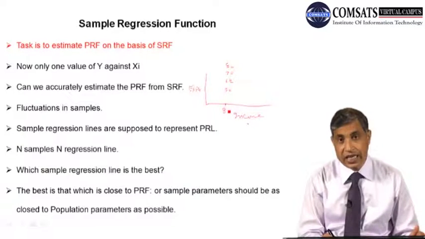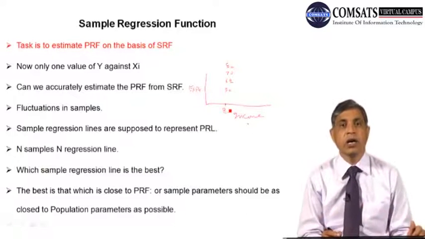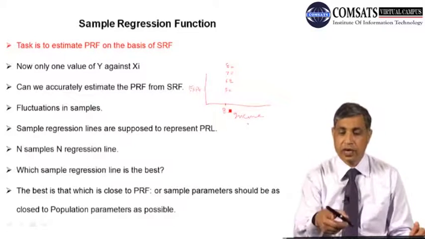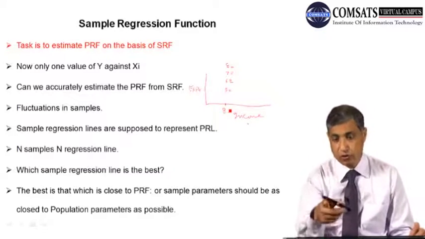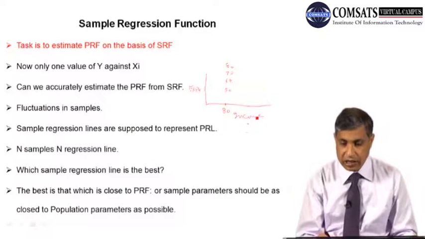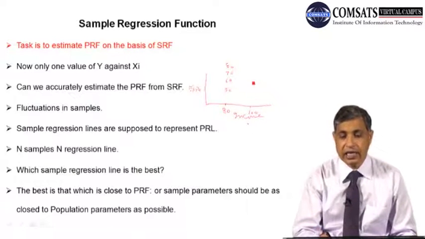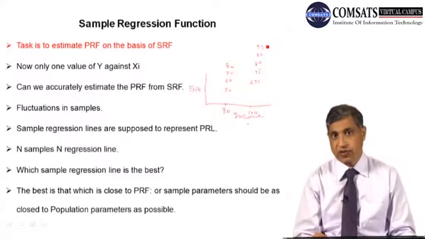So in the bin of 80 income, there are four families who have the consumption 50, 60, 70, and 80. And similarly, let me give one more: there is another group who has a weekly income of $100, and there are 6 families. For example, this is 70, this is 75, 80, 90, 95. So these are 6 families.